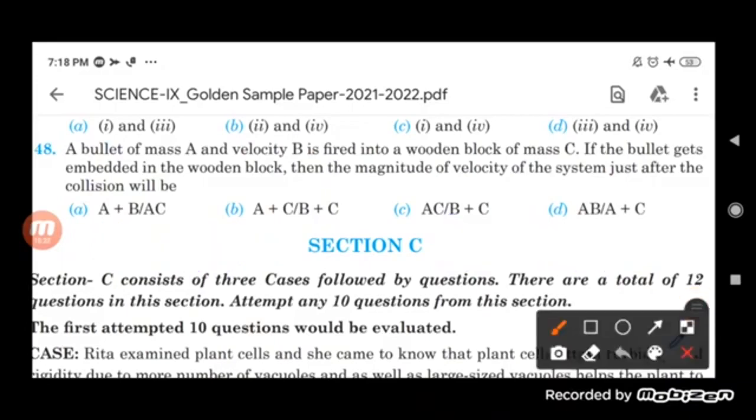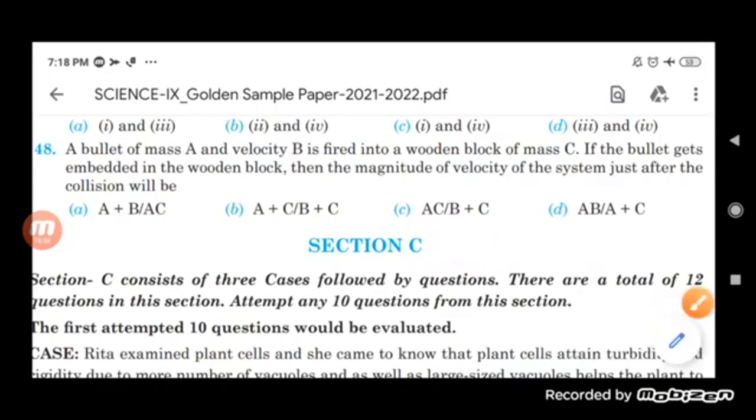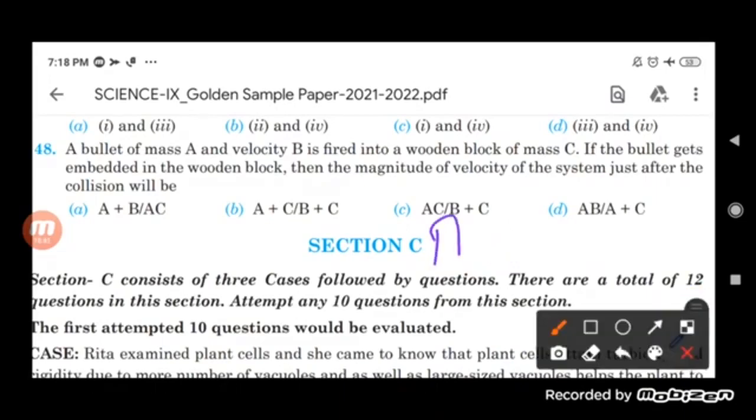Before collision, it was A into B, that is AB. So we can simply write AB is equal to A plus C into V.